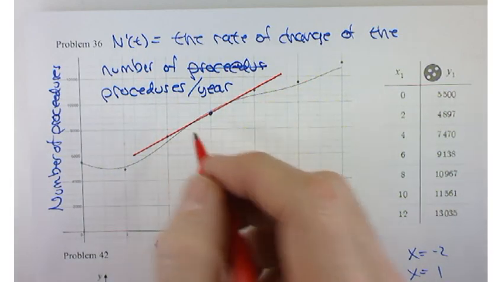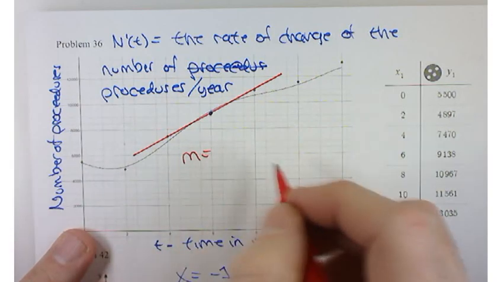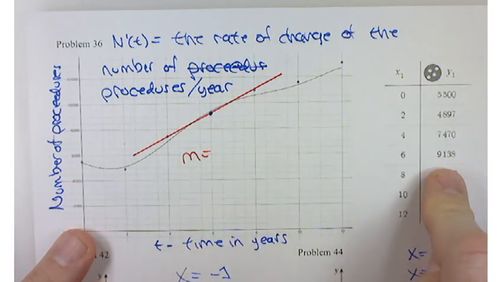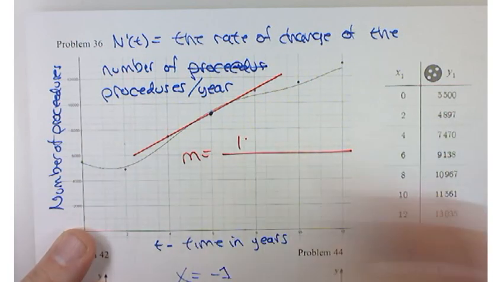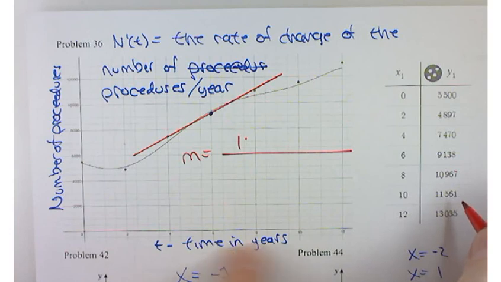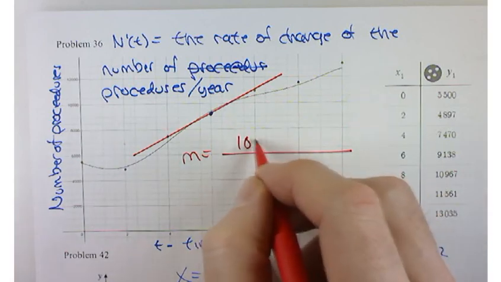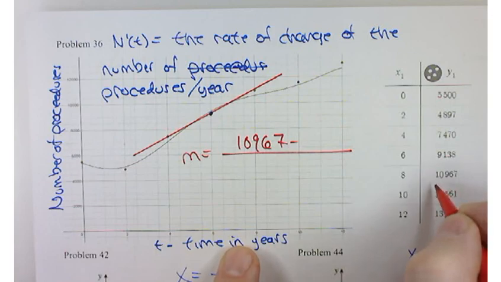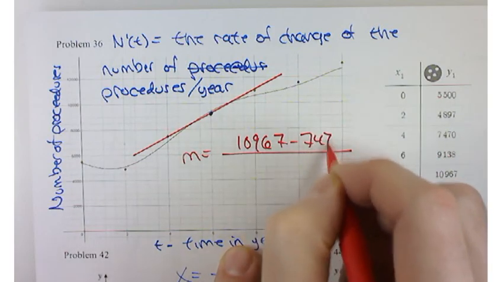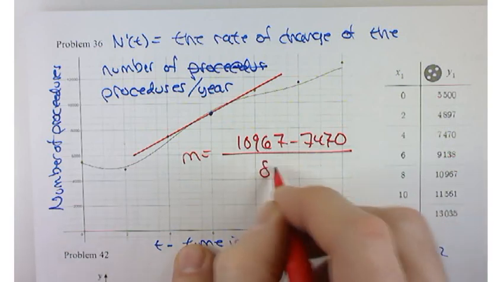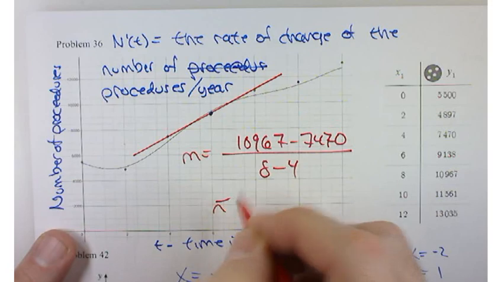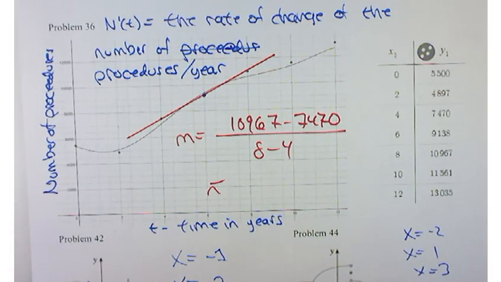So that calculation would look like, m would be what? Let's see, we want 2008, so 10,967 minus 7,470 divided by 8 minus 4. I'm thinking it's around 700. Let's see, wait, no. Let's just calculate it. 750-ish, maybe?